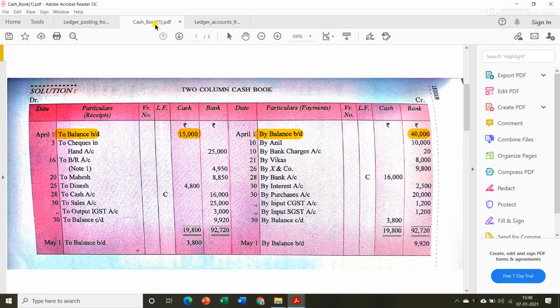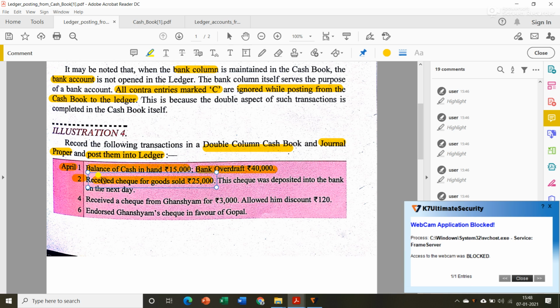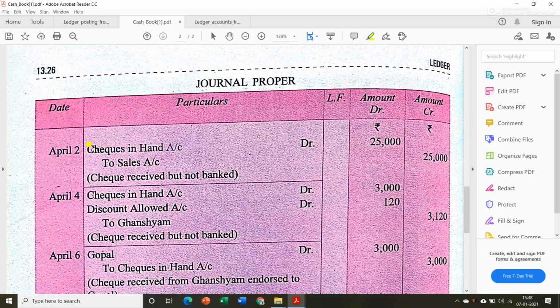So in the cash book we will write on the debit side, oh sorry, we are talking about day 2's entry. On day 2 we simply received that check, we didn't receive any cash, so that means we have to pass an entry in the journal. So on April 2, checks in hand account debit to sales account rupees 25,000.